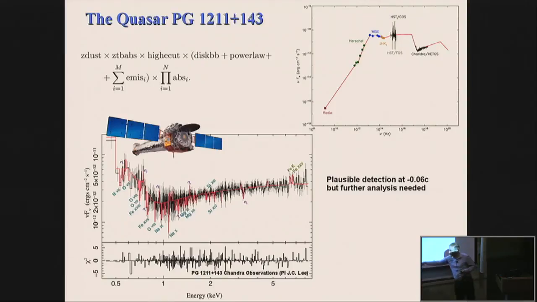So this component could suggest that there is an ultra-fast outflow in PG1211. And here you see the iron emission from K-shell, from a neutral region far from the central region of AGN.